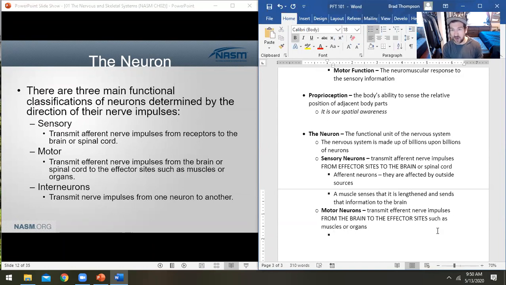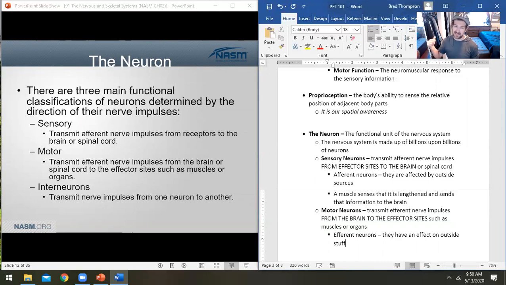So these are what we call efferent neurons, which is always like the worst, right? Afferent versus efferent. But efferent neurons have an effect on outside stuff, right? If you think of being affected by something, or having an effect on something. I am affected by the cold, but at the same time, if I step into a small room, the temperature of that room is going to go up.